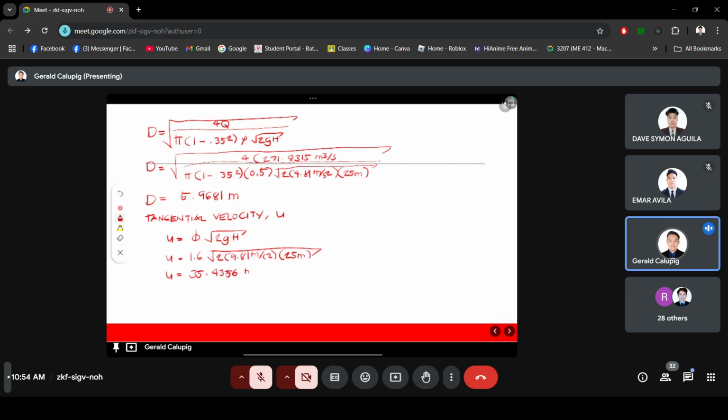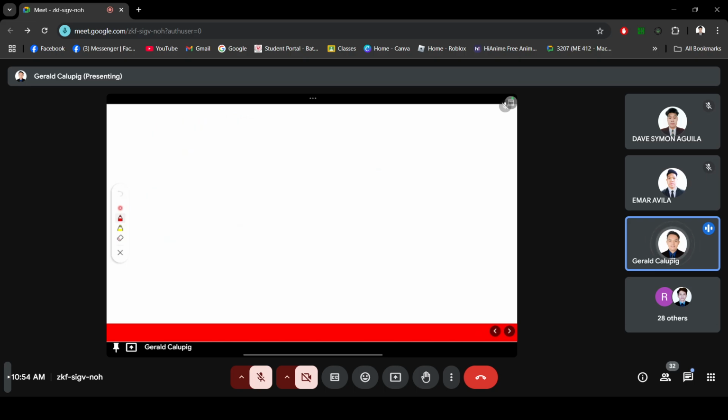35.4356 meter per second. Okay, since meron na tayong u, pwede na ba natin kunin ang speed of the turbine using our formula for u? U is equal to pi dn over 60, right? So, madali lang. So, this is the speed of the turbine.